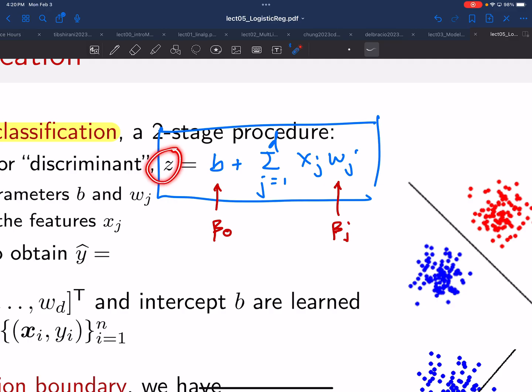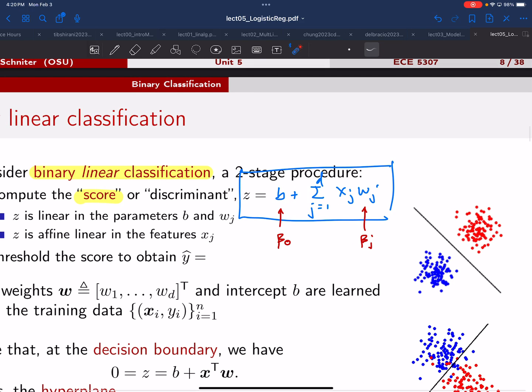But this is not the final prediction for us because remember our final prediction needs to be 1 or minus 1. So that means that there's one more step, which is we do a thresholding. And in this case, we're going to set y hat equal to 1 if z is greater than or equal to 0, or minus 1 if z is less than or equal to 0.